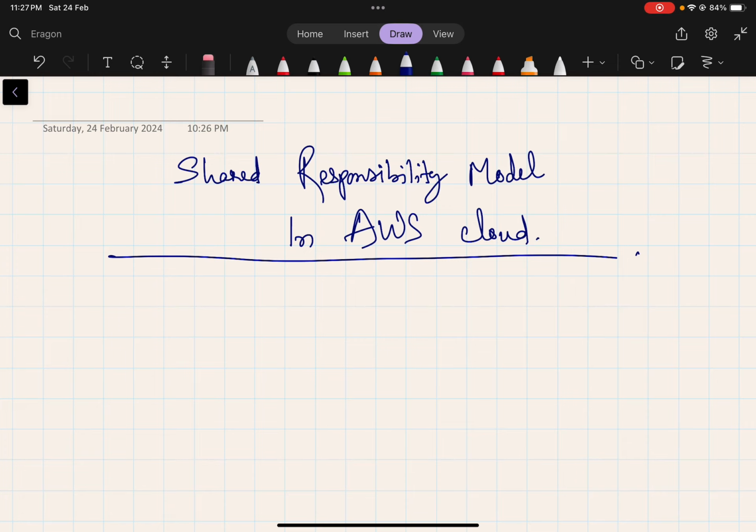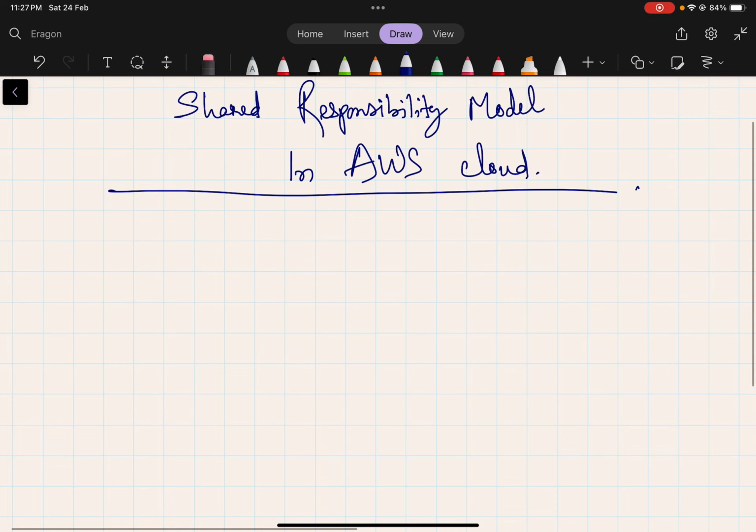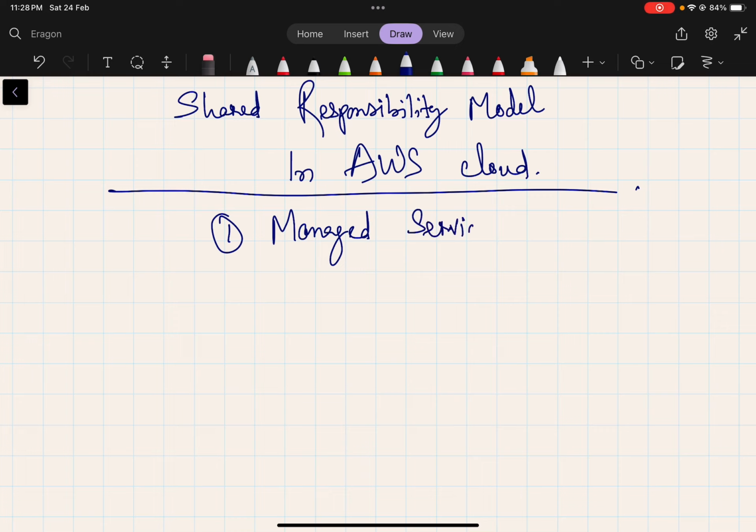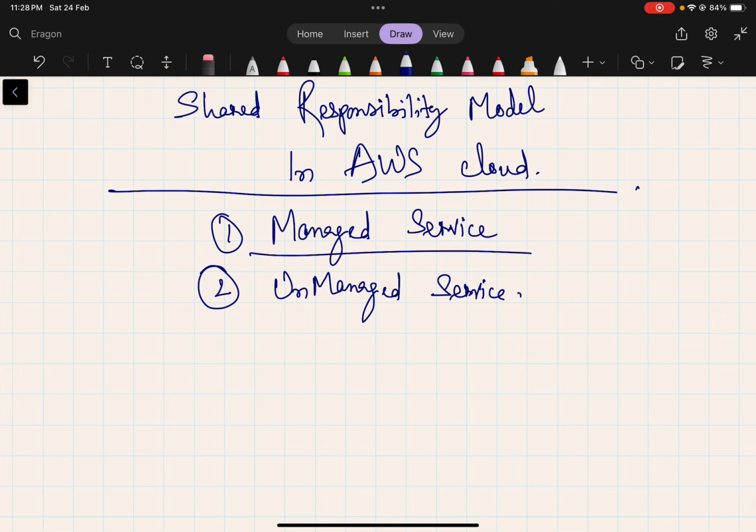Before jumping to the responsibility model, we should first know about two types of services in AWS. One is managed service, and another one is unmanaged service. So what is a managed service?